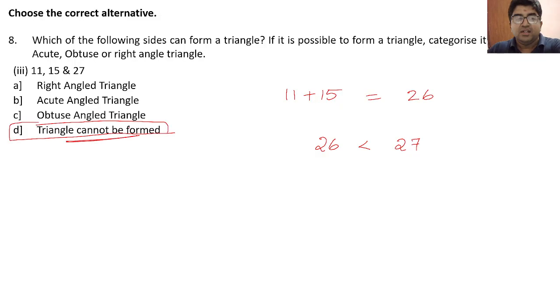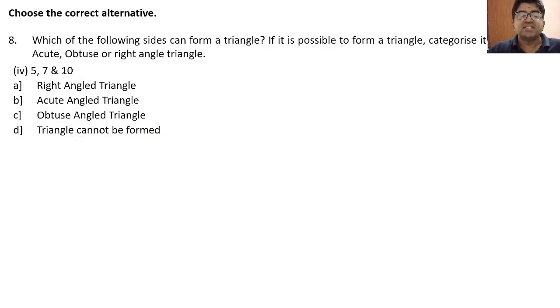Now, the next question, 5, 7 and 10. I can see that 5, 7, 10 is already in ascending order. We compare 5 square plus 7 square with 10 square, which is 100. 5 square is 25, 7 square is 49, and 25 plus 49 is not going to yield 100.